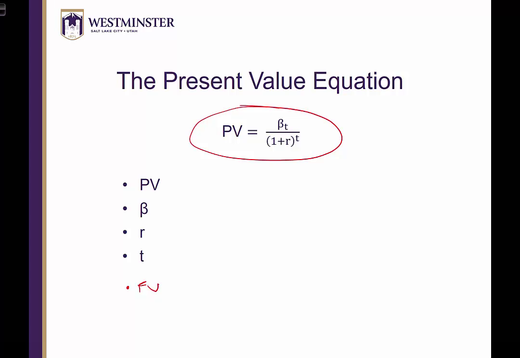Well, in this case, I've got PV, or present value, being equal to beta t, or some cash flow at time t, divided by 1 plus r, or my discount rate, to the exponent of time t. Well, where do I have future value? If you think about this, when we have a one-shot scenario, so we're exchanging currency one time, we're looking at the present versus some future cash flow. In this case, beta t is the same thing as future value. So we're actually looking at the exact same thing here.